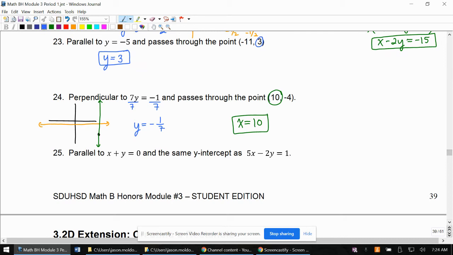All right, 25. Parallel to this, in the same y-intercept as this. Now remember also we want standard form. Ooh, look at these. These both are written in standard form. All right, parallel to this. So let's start by getting this into slope-intercept form.